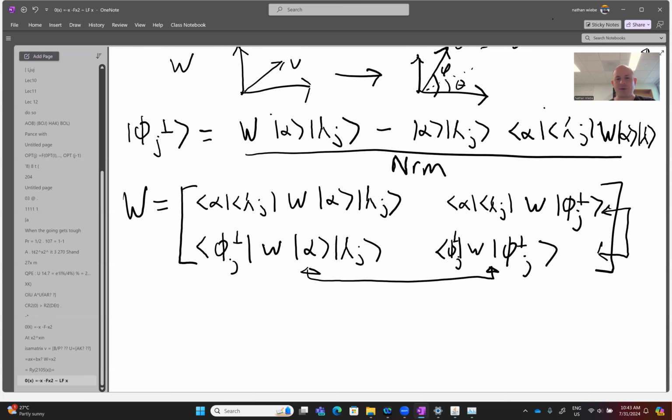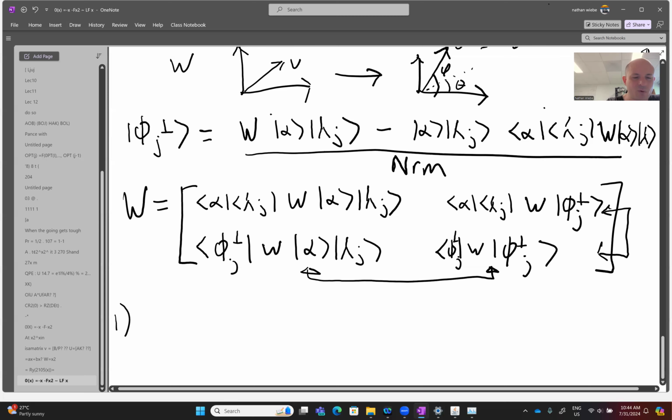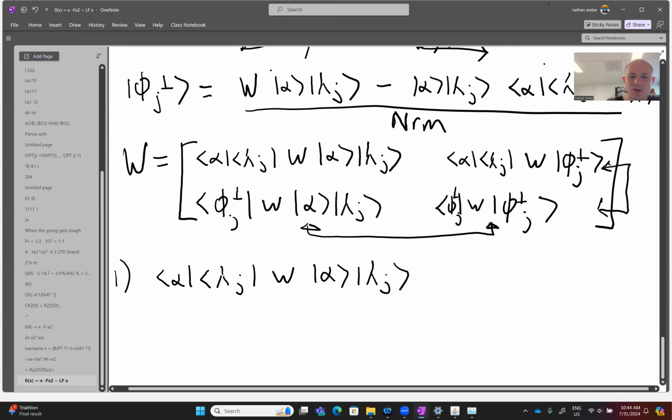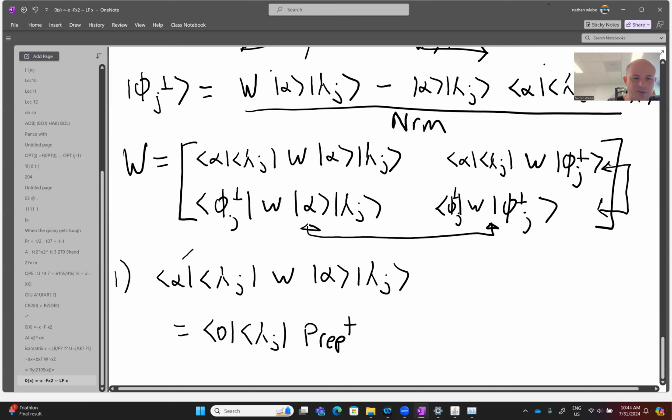I'll show you two of the matrix elements here, the two easy ones. The rest can be found using a little more cumbersome algebra, but it's not so bad. So let's take a look at the first element, case 1. Let's find alpha lambda j, W, alpha lambda j. Expanding this out, I can write this as 0, lambda j, prep dagger, just because this is equal to 0 prep dagger by definition.